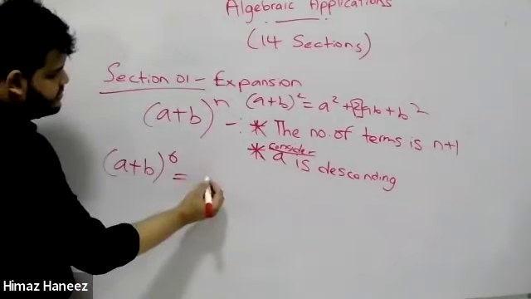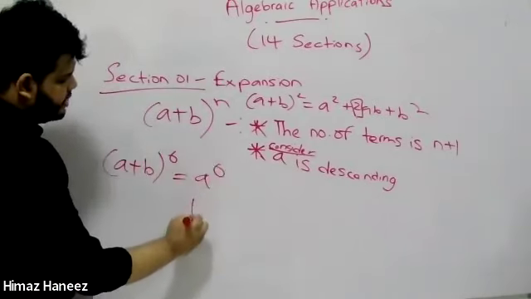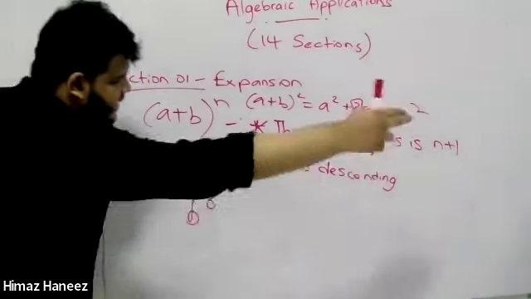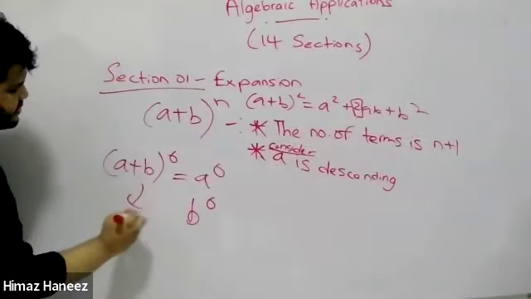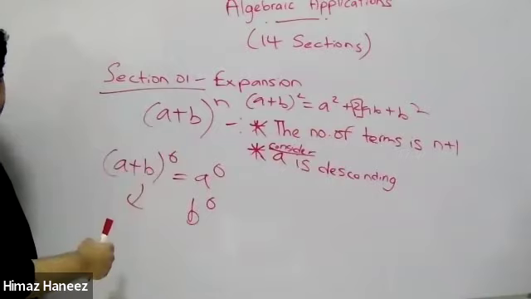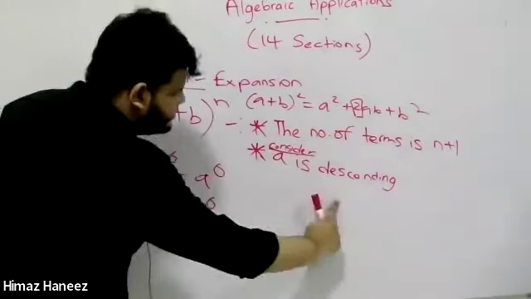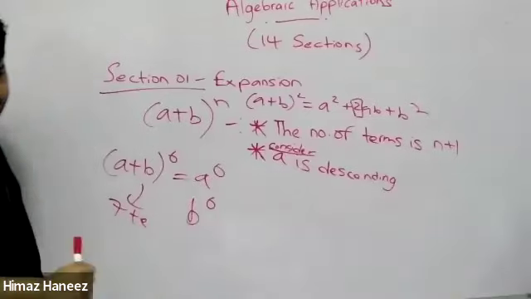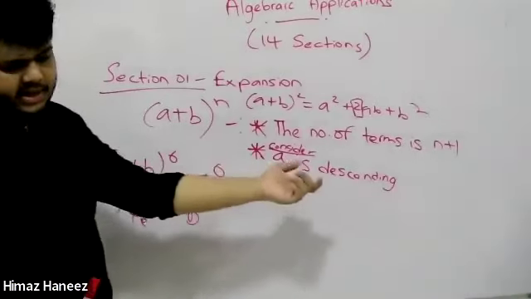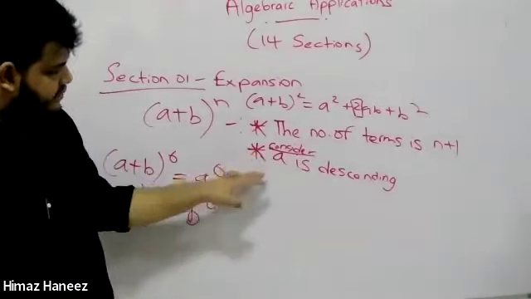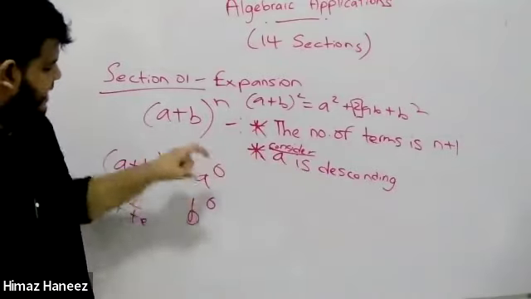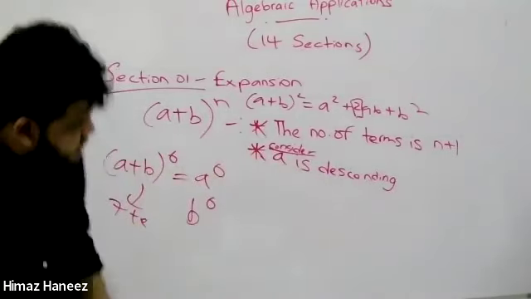You can start from a to the power 6 or b to the power 6 and you have to write all 7 terms. There are 7 terms, no? Because n is equal to 6. That means there are 7 terms. So you should write all the terms but without the numbers. You have numbers in between, but I don't need the numbers for now, only this.